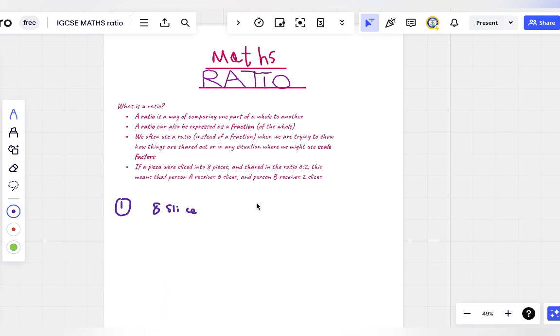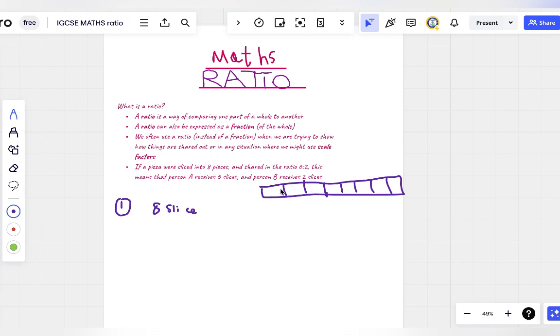Let's say, for example, we have this block, and we divide it into some number of places. This is 8. Let's say these are slices of bread.